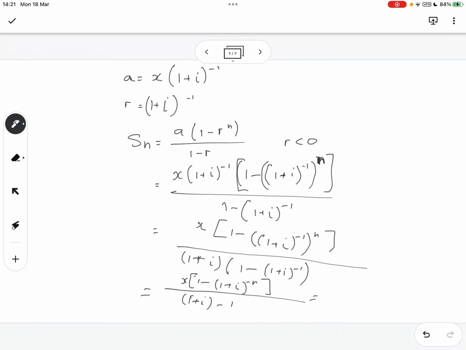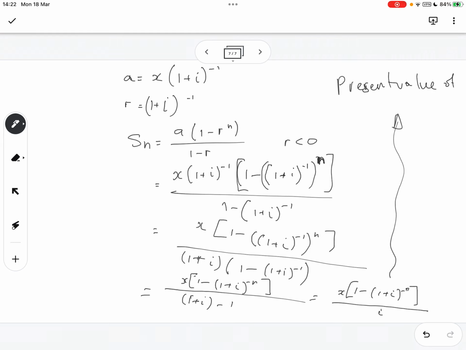And this equals x into 1 minus 1 plus i to the power negative n, all of this over i. That's the equation. Present value. And this is just the present value of a series of payments.